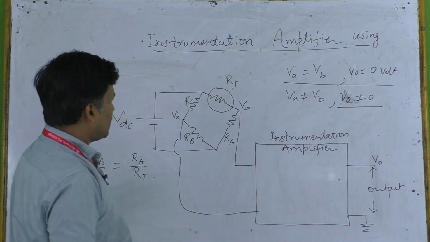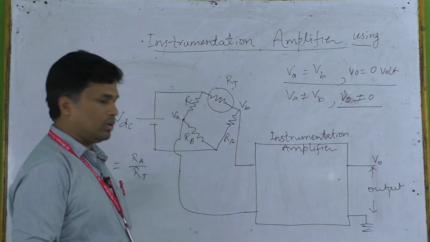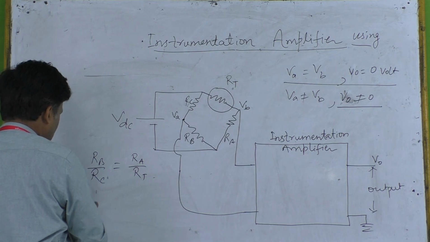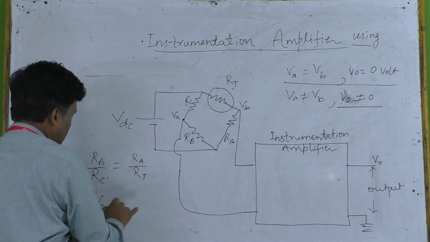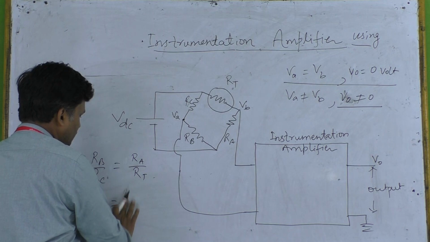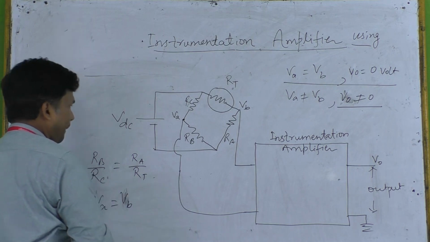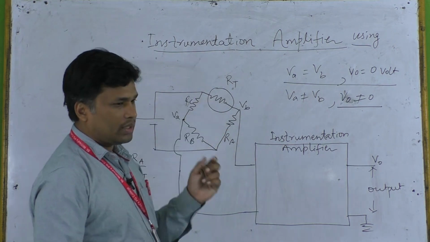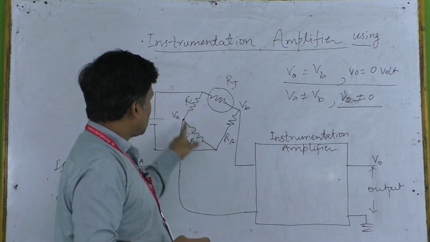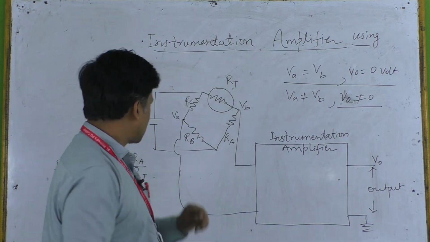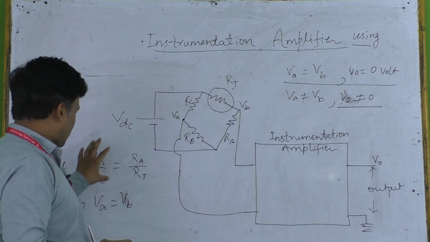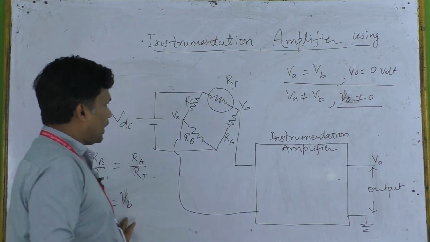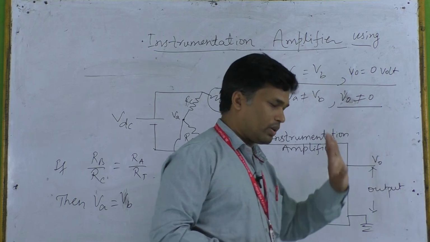And if the bridge is balanced, VA will be equal to VB. Now we have chosen this particular RT at a certain temperature so that all these resistances will be equal. In such a case this condition will be met, and then VA will be equal to VB, and so the output voltage will be equal to 0.